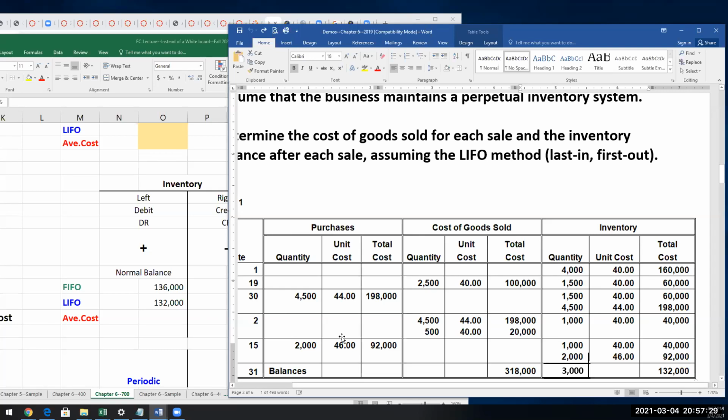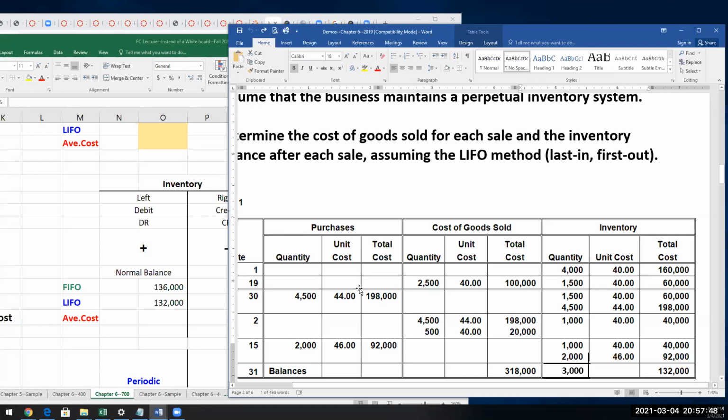Okay, so what we're going to see here is that the very first couple of transactions don't change. For FIFO and LIFO, the top line, the second line didn't change much, but it was after we had a purchase that things got different because then we had different piles to pull from.